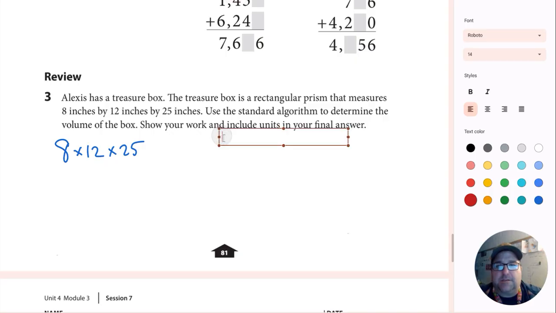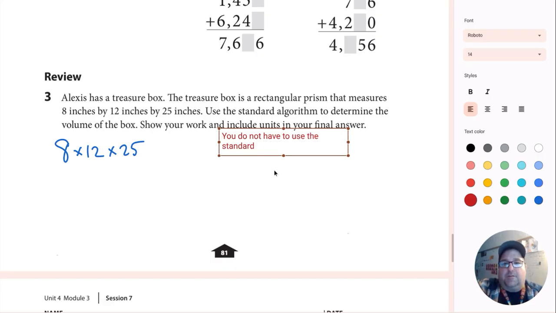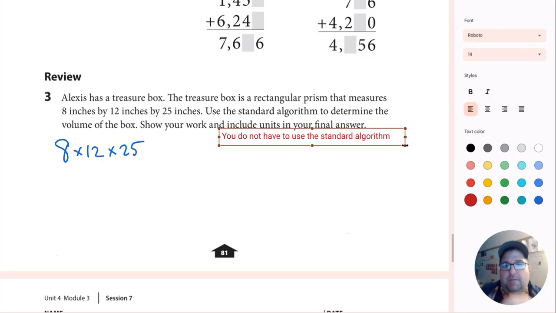Because in class, when we multiply by 25, the double and half strategy can be really helpful too. So you do not have to use the standard algorithm. If you want to, you can, but I'll let you choose. If you've got a different strategy you want to use on this one, that's fine.